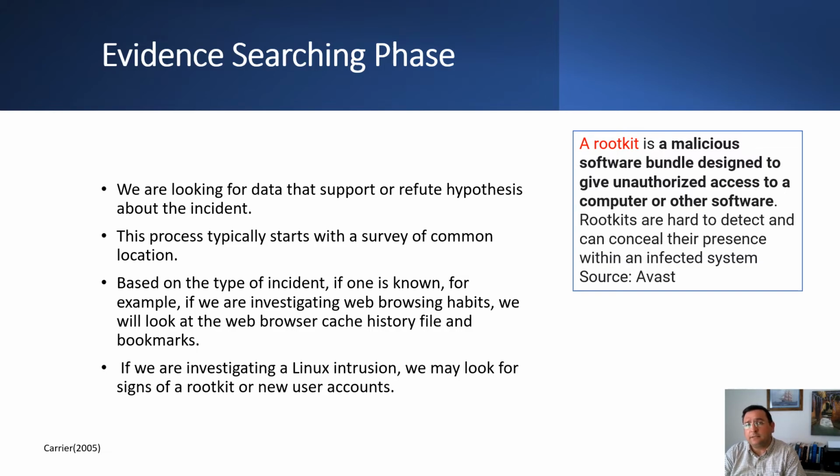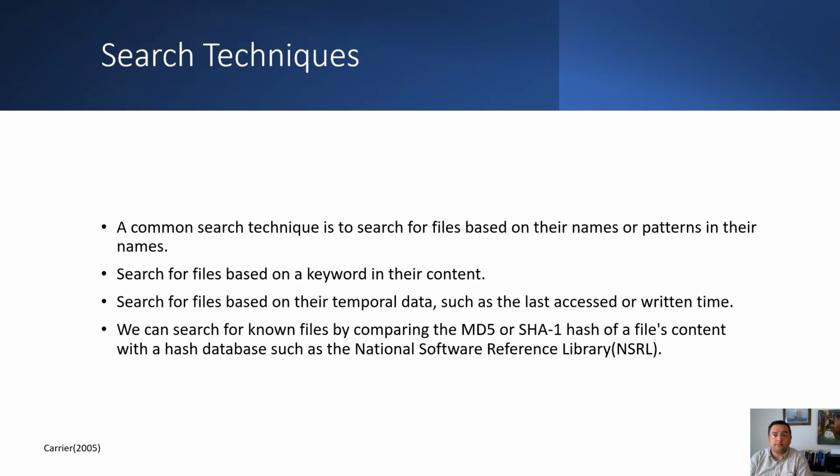And if we are investigating a Linux intrusion, we may look for signs of a rootkit or new user accounts. As you see, a rootkit is a malicious software bundle designed to give unauthorized access to a computer or hardware.